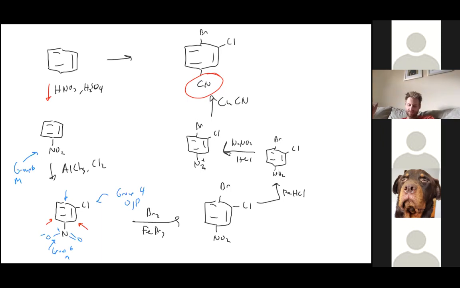So a lot of these steps can be moved around. Let's see, what are some other options here? All right, let's go through some things that aren't going to work.